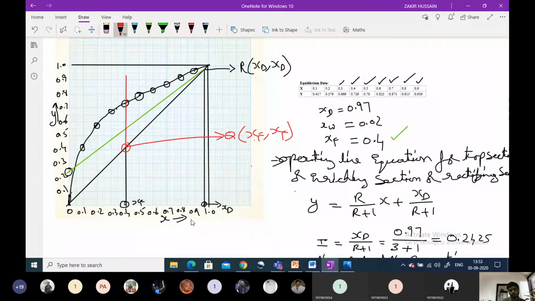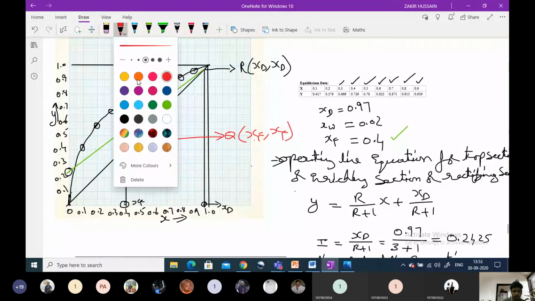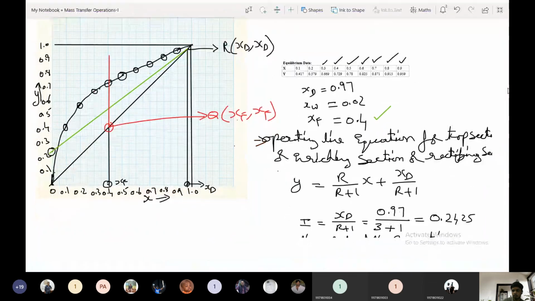Now our procedure will be to draw the operating line for the stripping section. How to draw that?